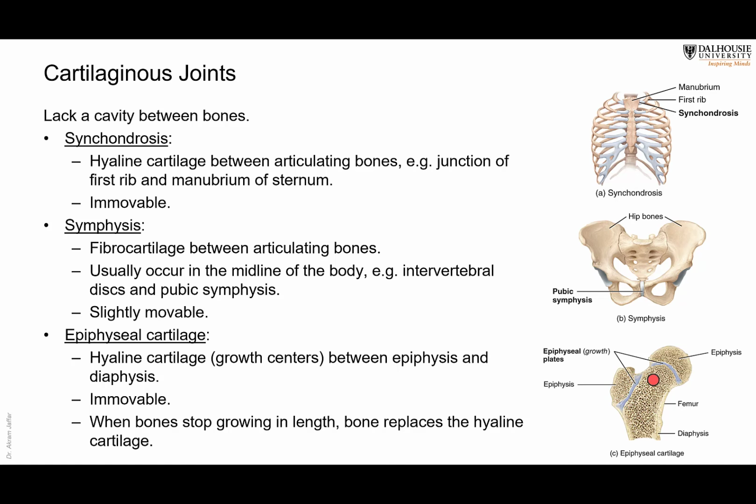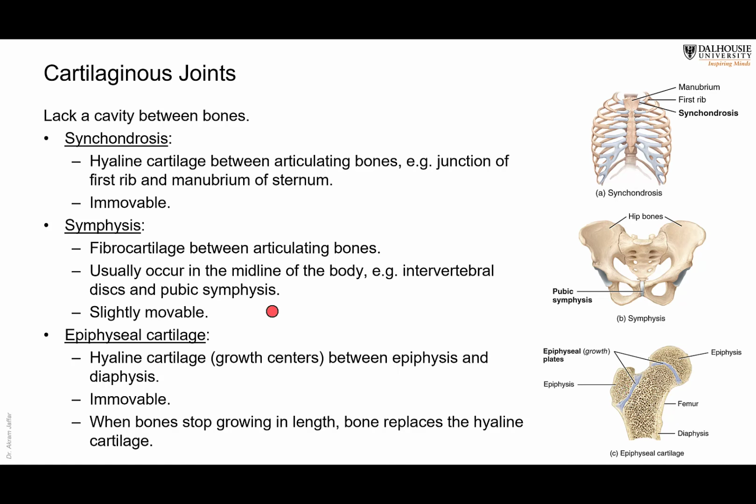These are cartilages that lay down bony tissue, and then at a certain age, usually after 21 years of age, they will stop doing that. They will calcify, and we say that they close. So this is again another union between bone and cartilage, and it is called the epiphyseal cartilage plate.